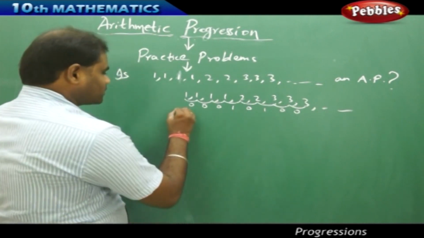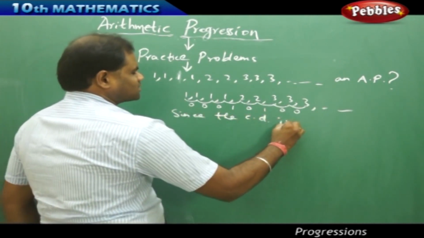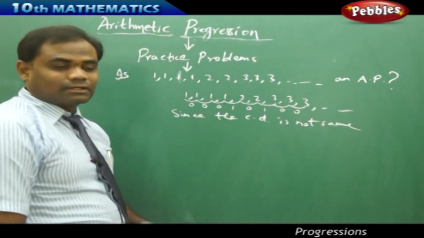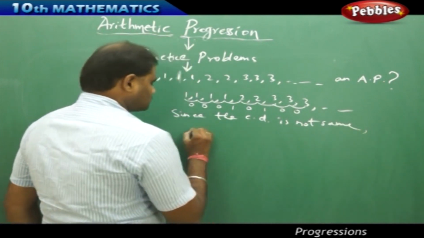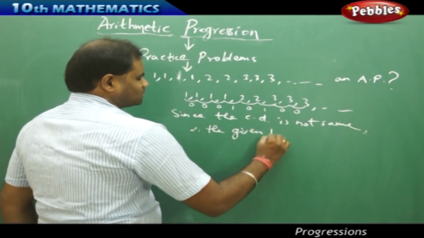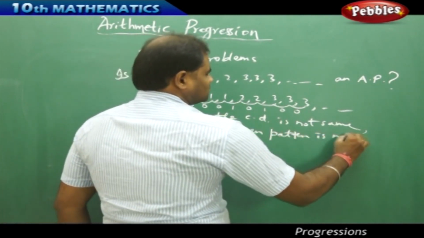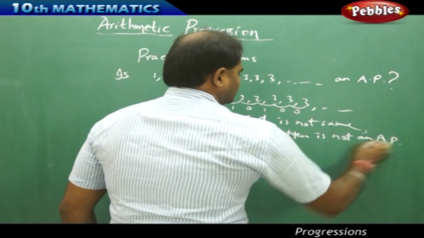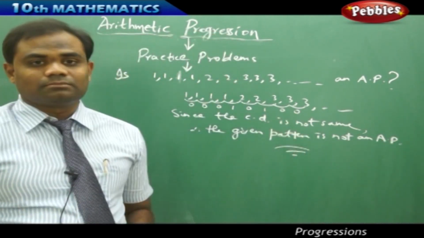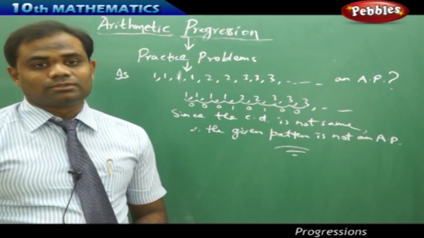So since the common difference is not same, as I get zeros and ones, therefore the given pattern is not an arithmetic progression, and hence I cannot find the nth term or the first term or the common difference, is how I conclude.